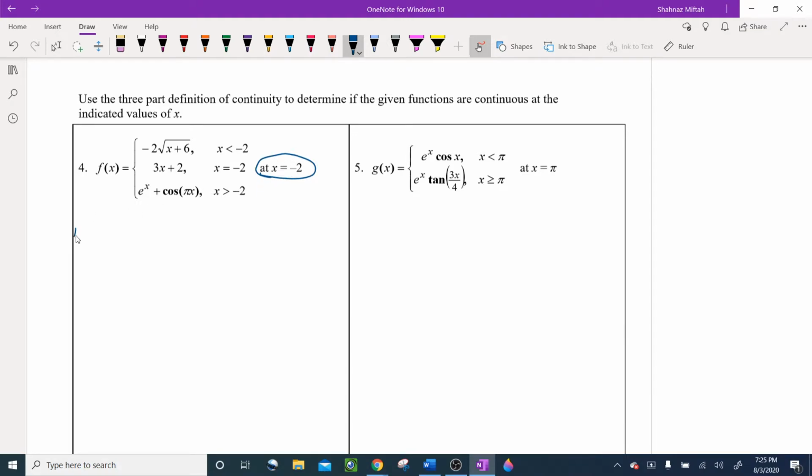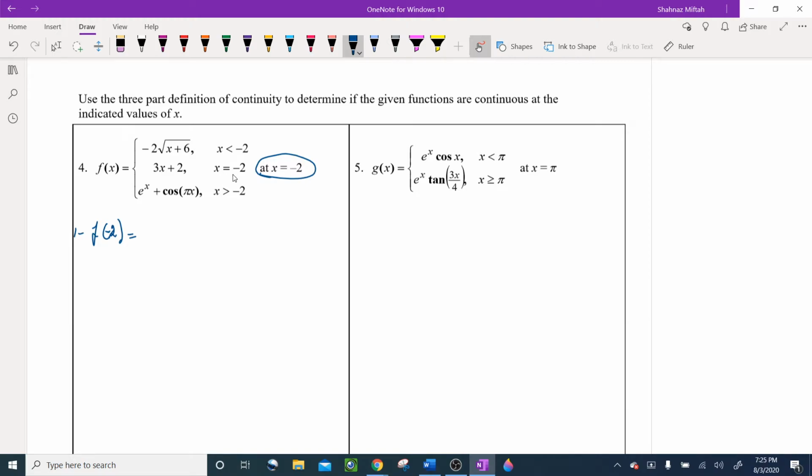So the first condition is, and this is f of x, so f of negative 2. If my x value is negative 2, what is my y value? Now you have three different pieces. Do you guys see these are three different pieces? This one says x less than negative 2. Now this works for less than negative 2. This one works for greater than negative 2.